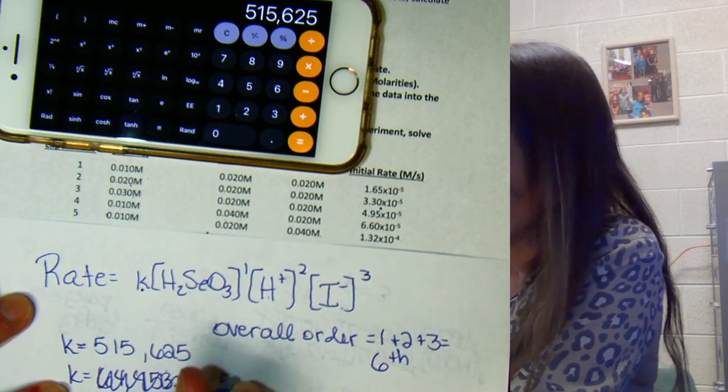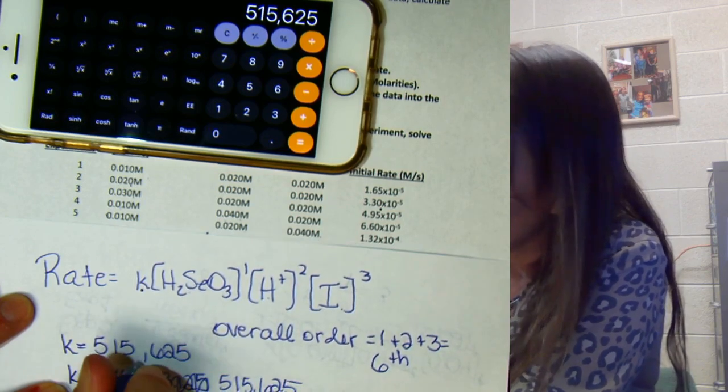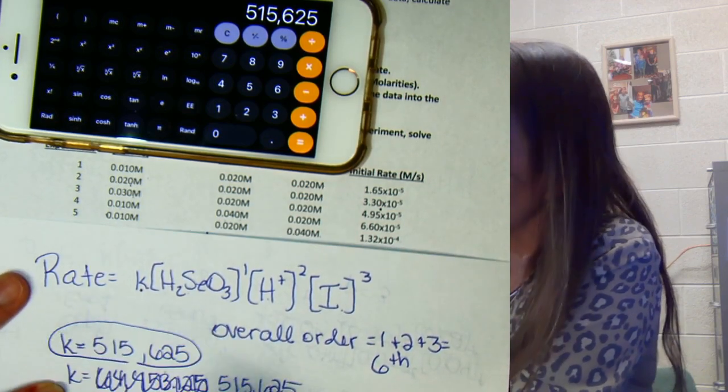So it is 515,625. That is our rate constant.